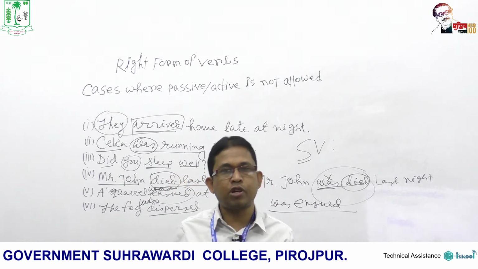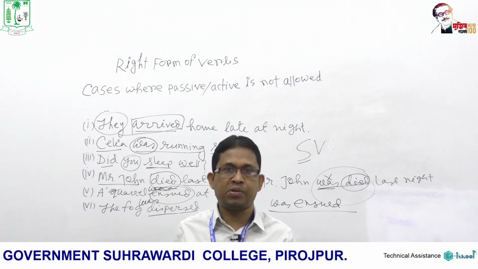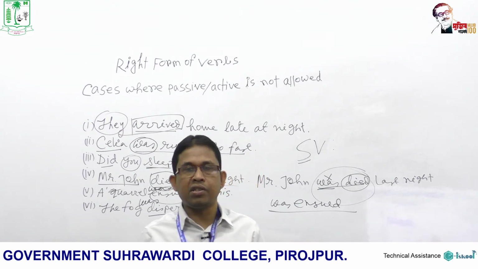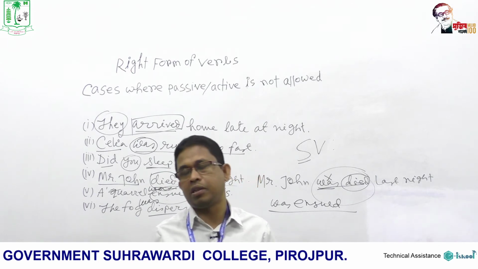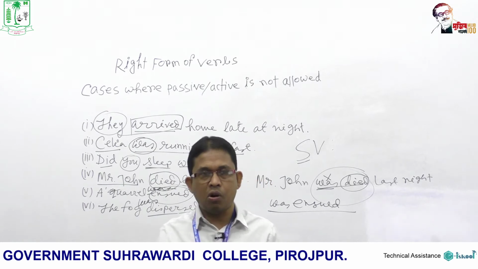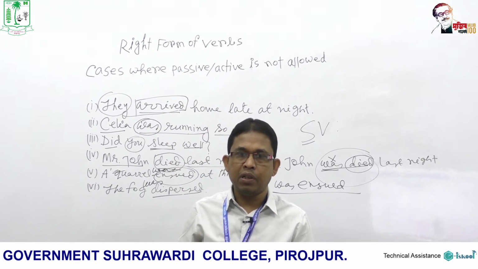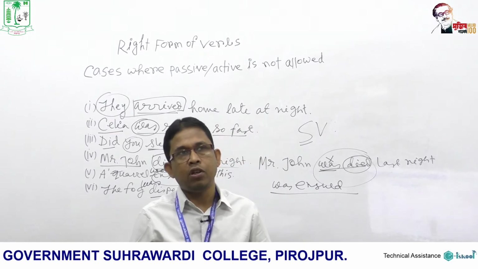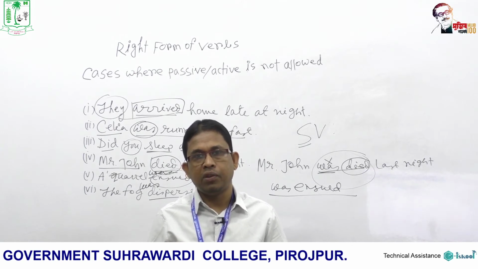You have to practice and try to learn these intransitive verbs, and remember that an intransitive verb does not take an object, and that is why they cannot be used in the passive. This is rule number 1. So, what is the first rule? In the case of an intransitive verb, we should not use the passive form.